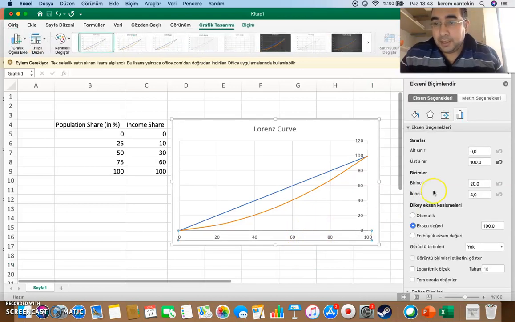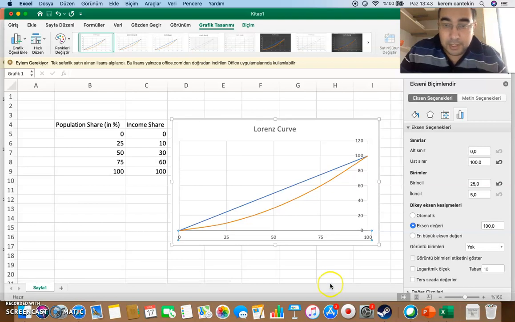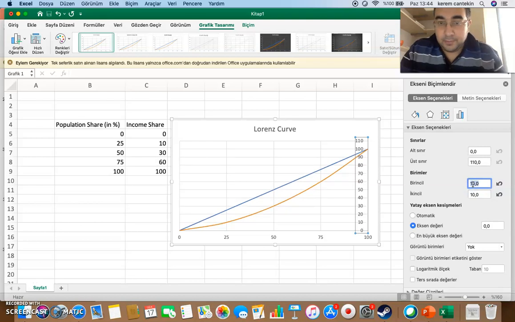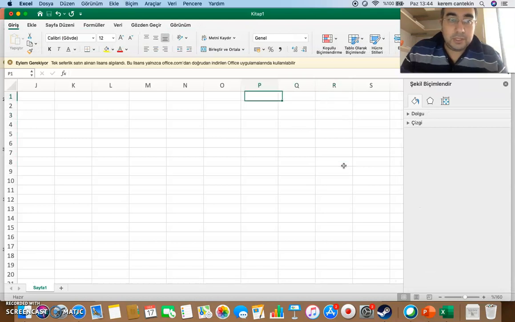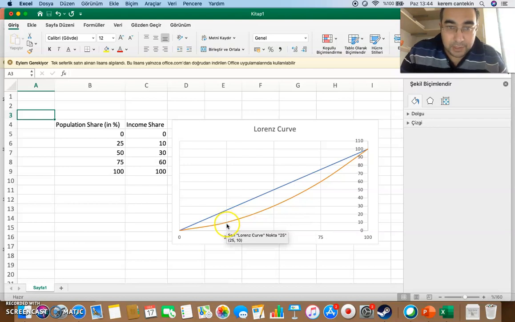And actually, if you make the units 25 and 5, you can see also here 10, or make this also 10. You can see that actually we are able to see the intersection points.